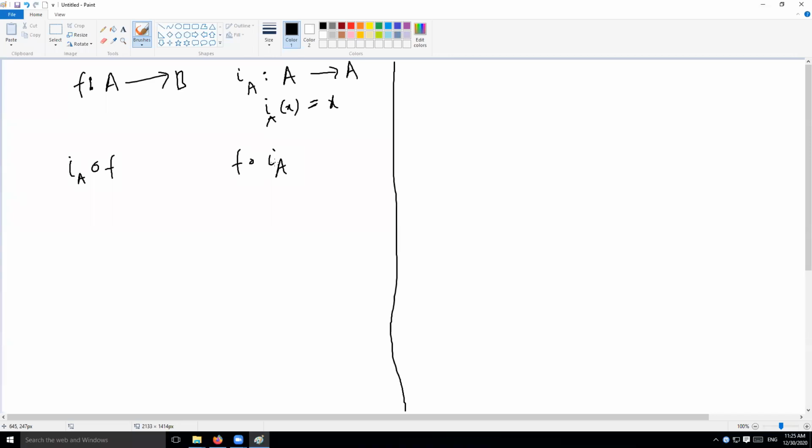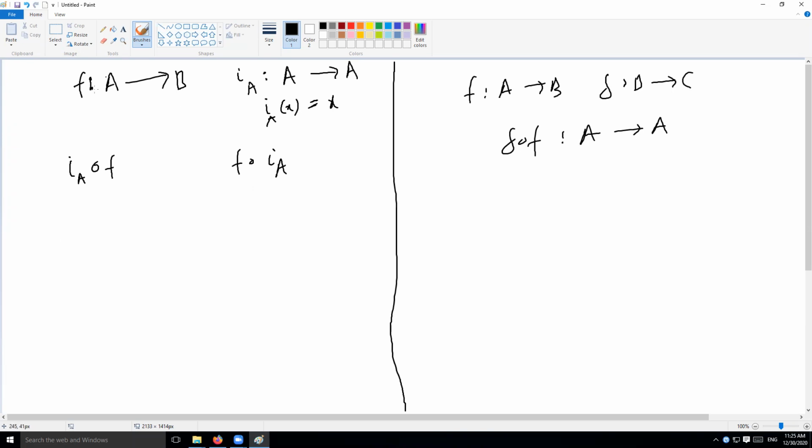Keep in view, if f is a function from A to B and g is a function from B to C, then g composition f makes sense from A to C, right?